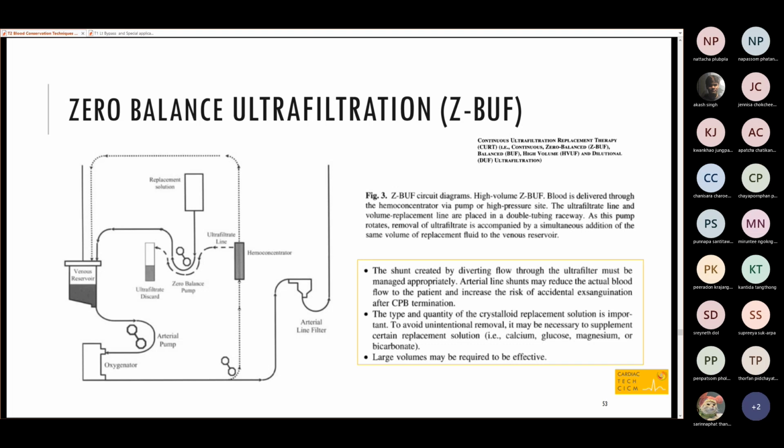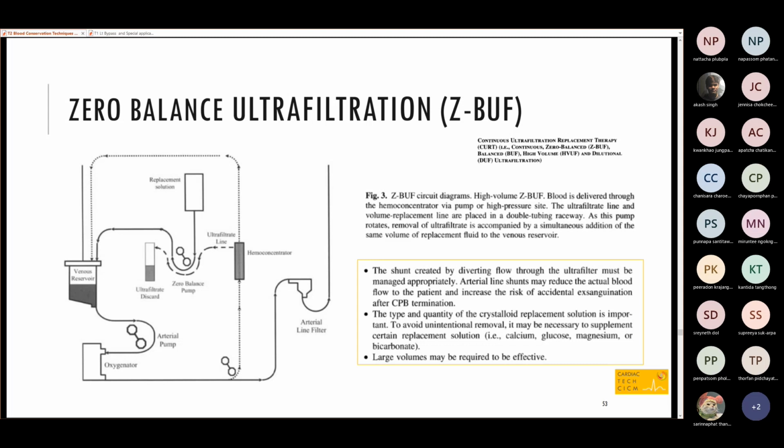So to manage that, some people put in normal saline. The normal saline, as we know, does not contain potassium, so it dilutes the potassium in the system. All right. However, if we put replacement fluid or normal saline into the CPB circuit, it is going to cause hemodilution, right?